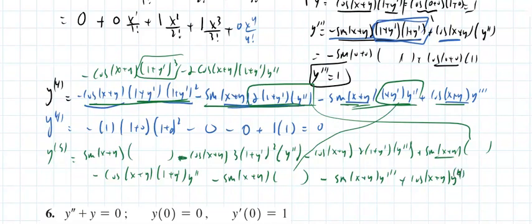And if I plug in 0, what do I get? I get a 0 minus 1 times 3 times 1, and y double prime was a 1, okay, minus cosine, that's a 1 times 2 times 1 as well, that's a 0 minus the cosine, so that's a 1.